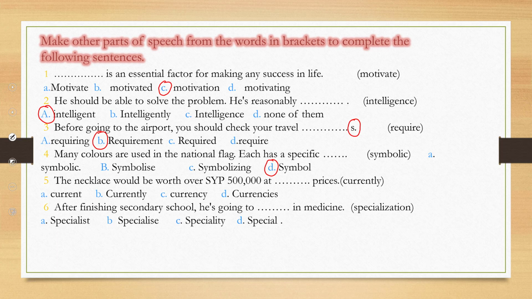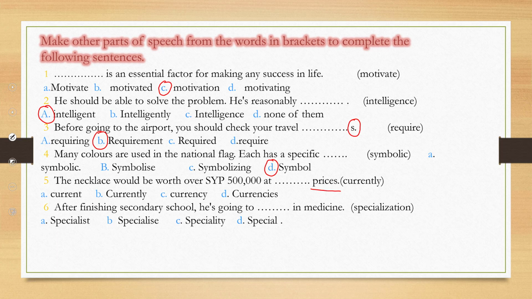Number 5. The necklace would be worth over 500,000 Syrian pounds at prices. We have currently. Is it current? Currently? Currency? Currencies. Of course, currency and currencies have different meanings. Here we have current and currently.